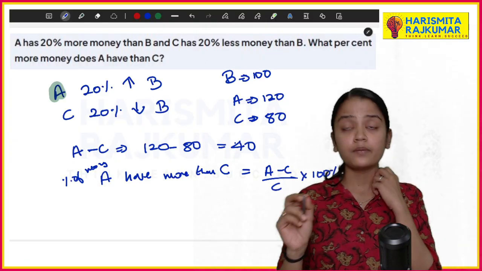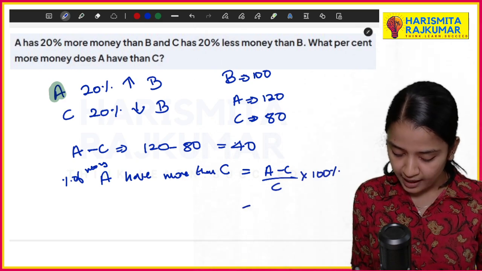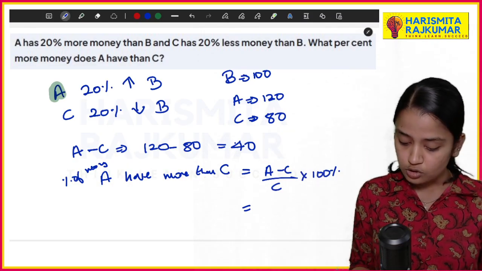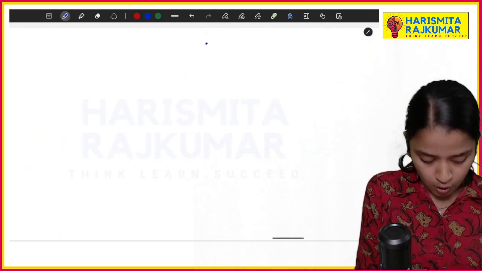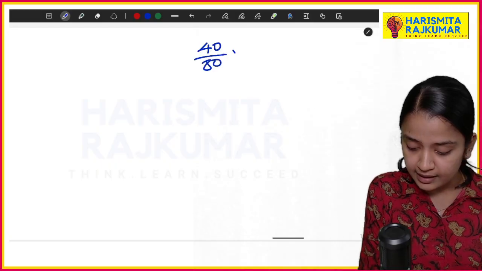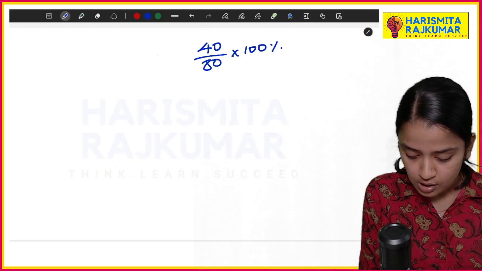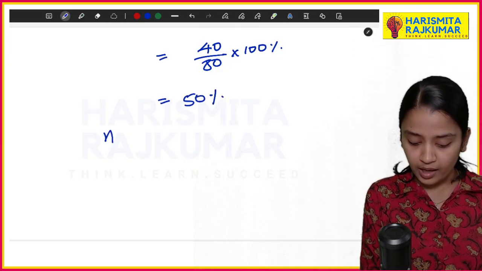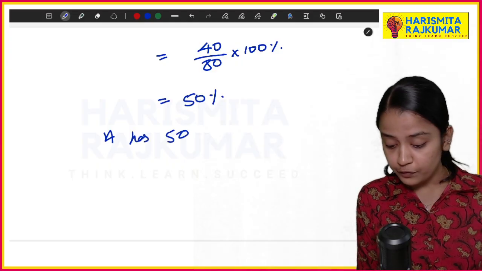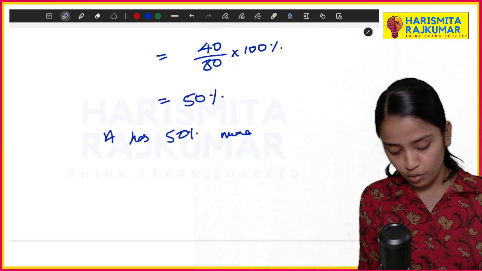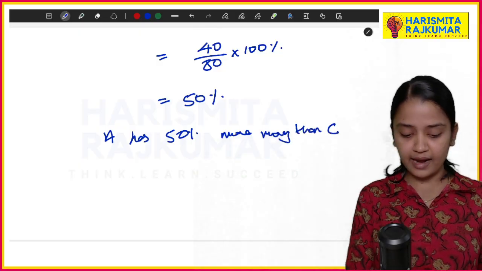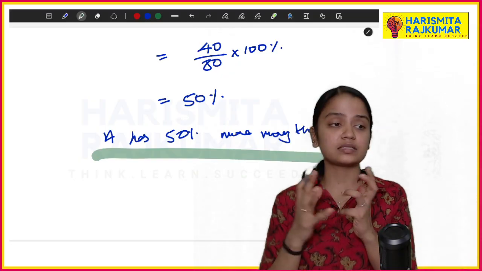So I have already spoken about this formula. So you will be having 40 by 80 into 100 percentage, which you will be having as 50 percentage. So A has 50 percentage more money than C. So that is your answer.